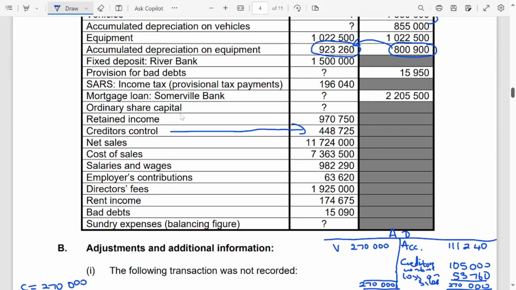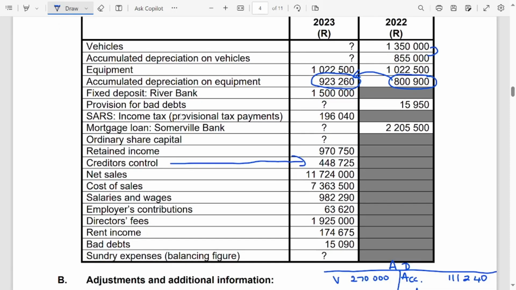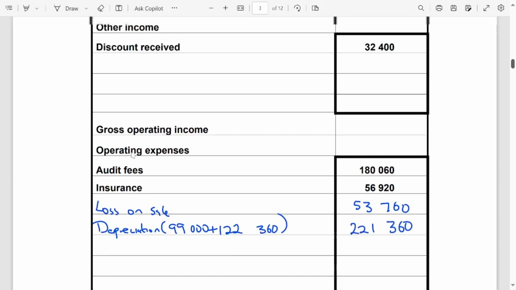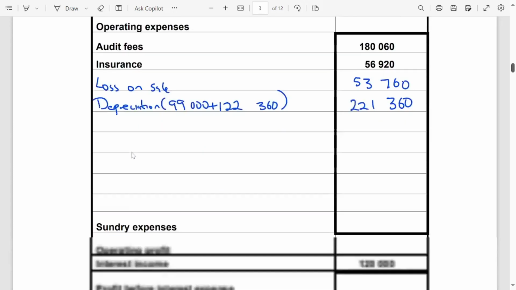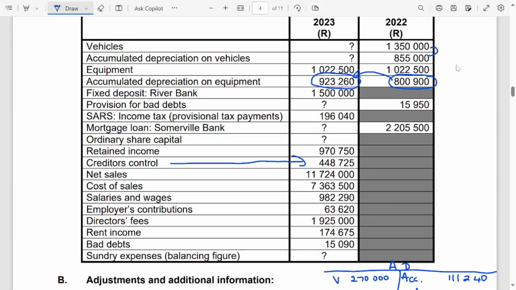So let's check if we do have the trading stock written here. If you check, we don't have the trading stock. Let's go and check the transactions. Okay, that is not given here. So it's not given. So let's leave it.